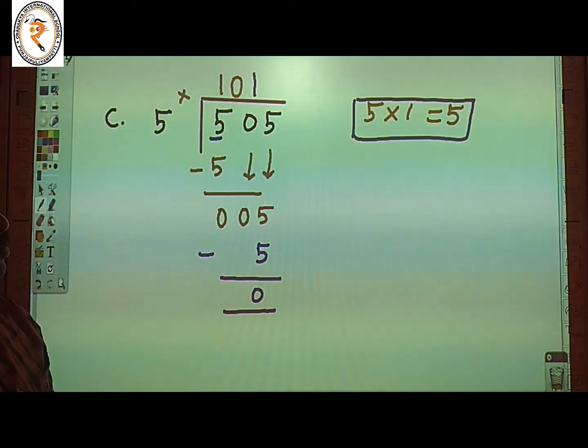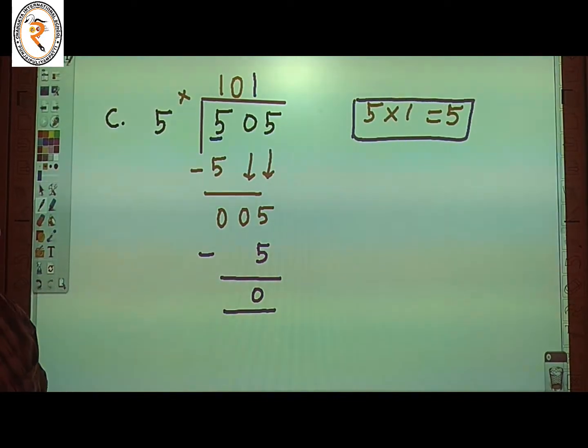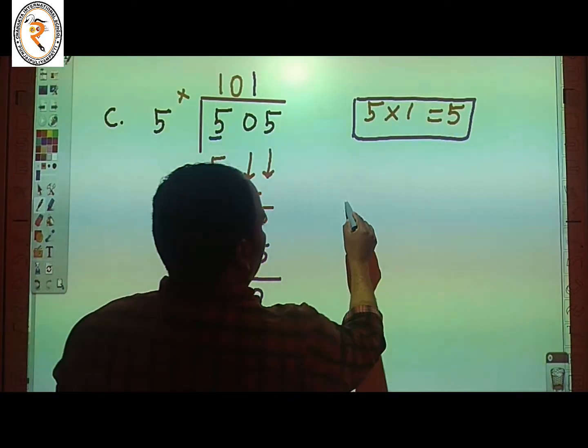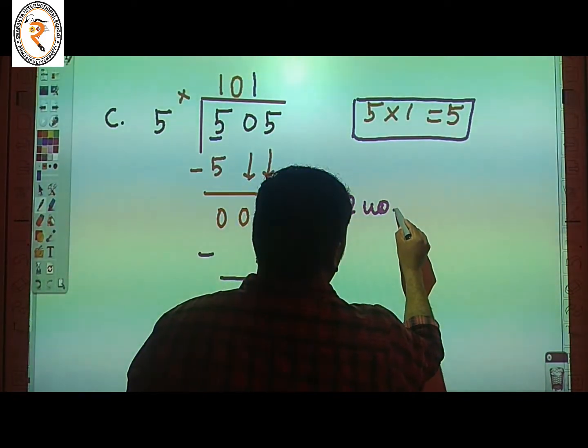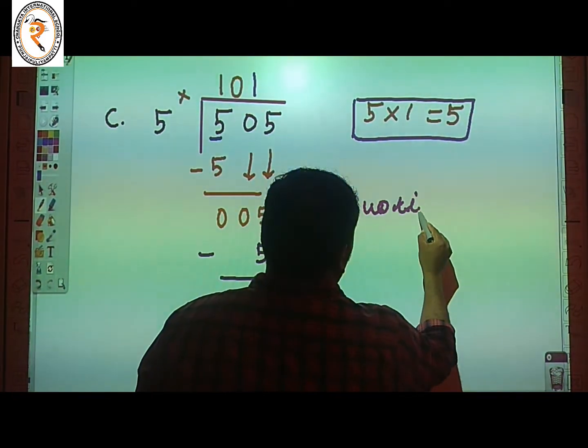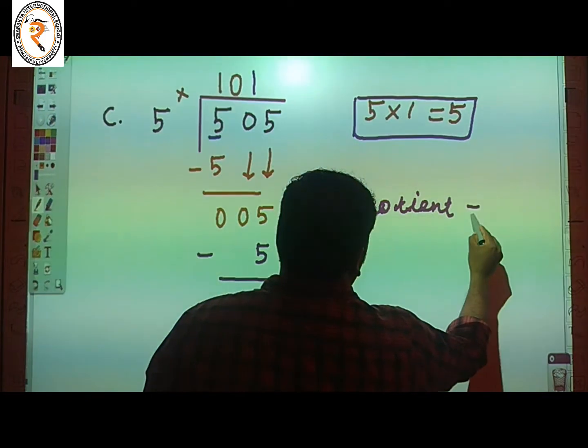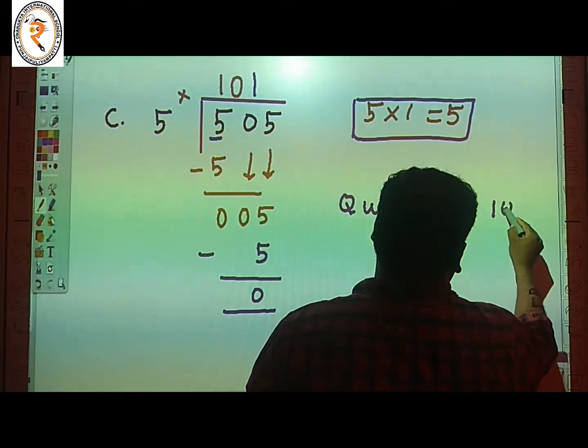So the remainder part will be 0. It is called exact division. And the quotient part is 101.